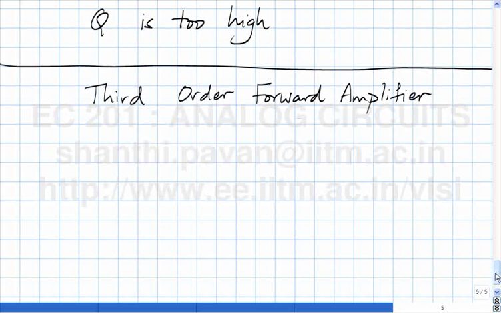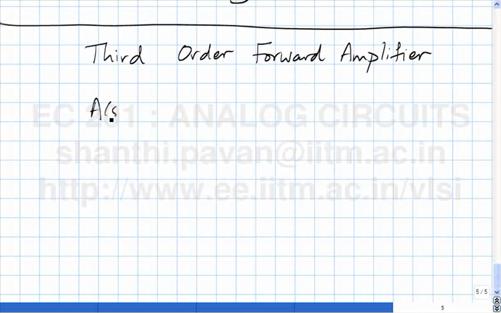In which case, just as we proceeded before, A of S will be denoted as A naught divided by 1 plus S by omega P the whole cube. The reason for choosing the same omega P is just to simplify analysis, and it's not too far away from the truth.